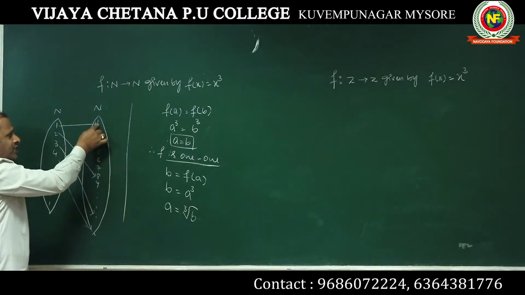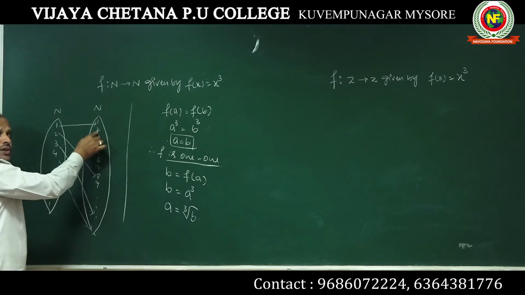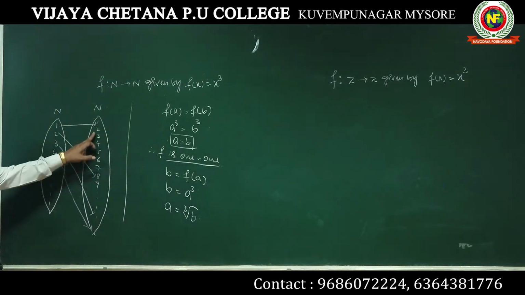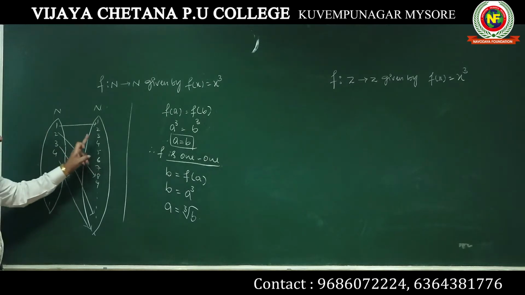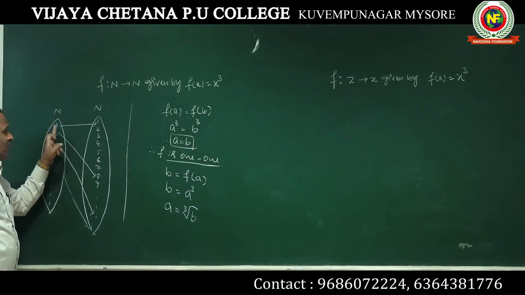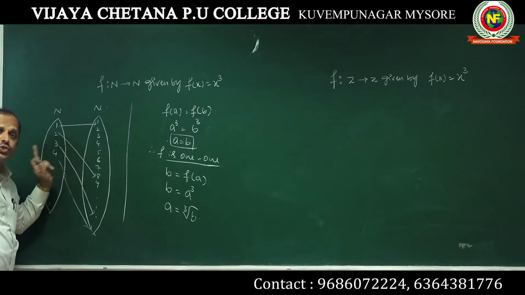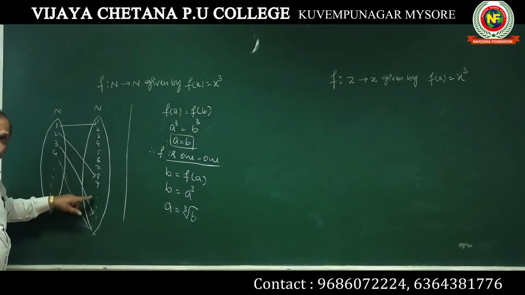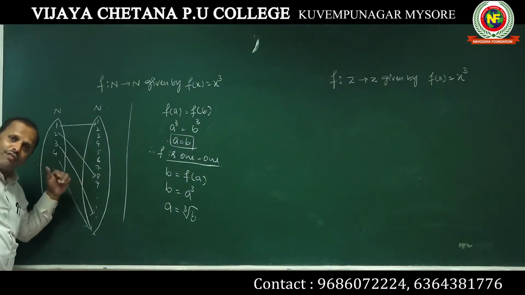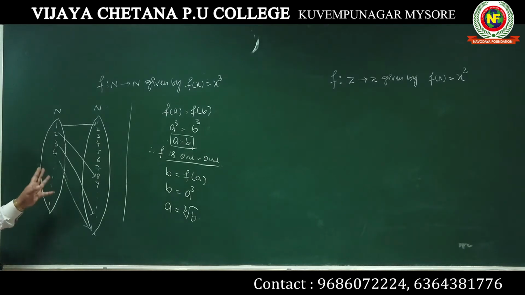1 cube we know is 1, and 2 cube is 8, but for 2, 3, 4 there is no such number in the natural numbers. Of course the cube root of 8 is there, the cube root of 27 is there, the cube root of 125 is there.